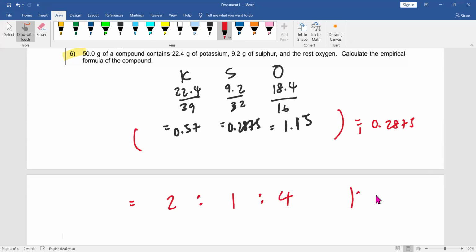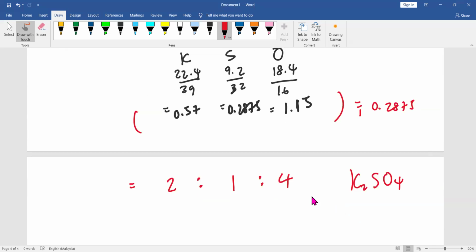Okay, do you get K2SO4? You get it? Yeah. Okay, understand now? All right.